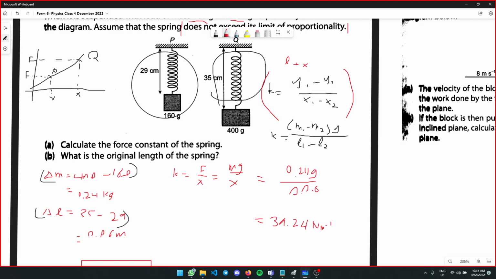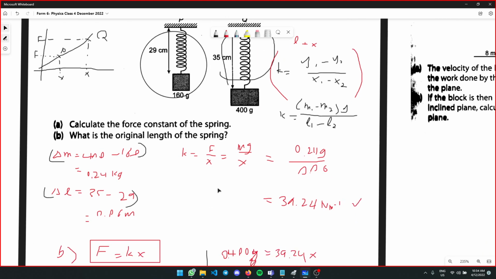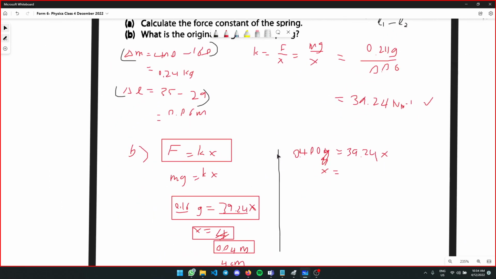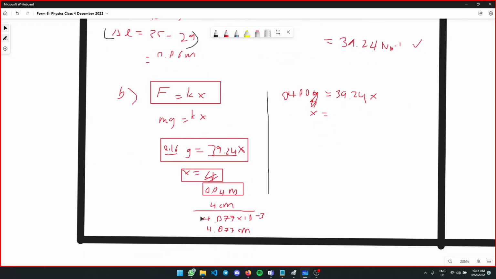You get 0.24g over 0.06, you get 39.24. And then they want to find the original length of the spring. For that, you have to come back to either one of the springs. My answer is 0.4, you should get 0.04.